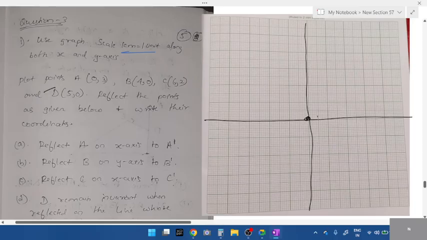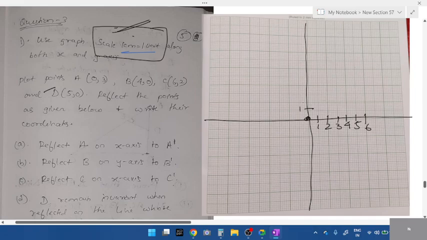Okay, now 1, 2, 3, 4, 5, 6. This is not the first time. Whenever I solve a graph, I tell you, look at the scale given. There is a reason, student. Just like that, they won't mention scale. 1 centimeter is 1 unit. This is a 2 centimeter graph. 1 centimeter is the small line.